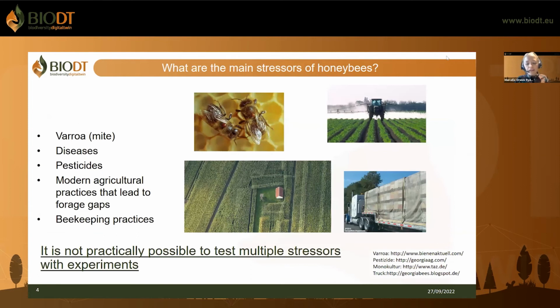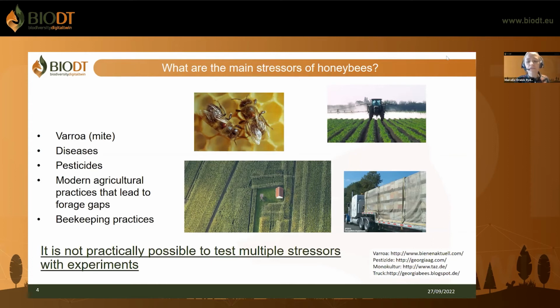I've already discussed environmental and climatic changes as stresses for pollinators, but for honeybees, there are a few other stressors that are also extremely well known. These include mites, diseases, pesticides, with specific classes in particular known to be extremely deleterious to them, and modern agricultural practices that lead to forage gaps.